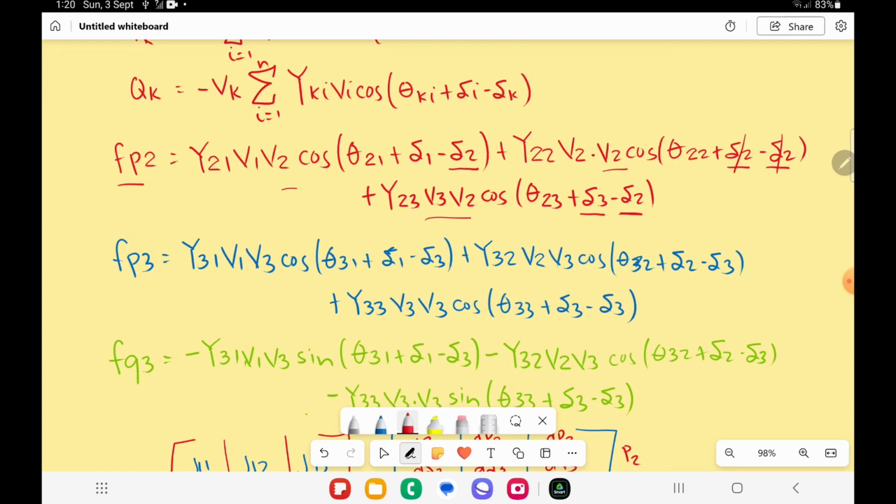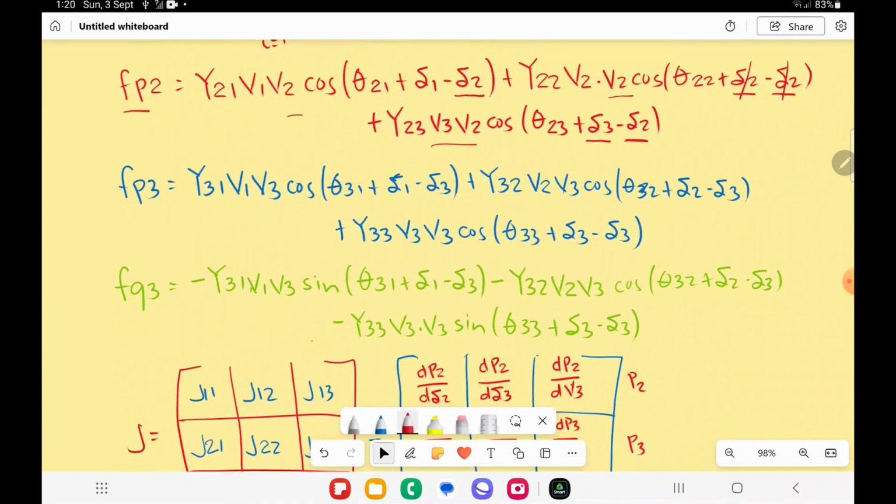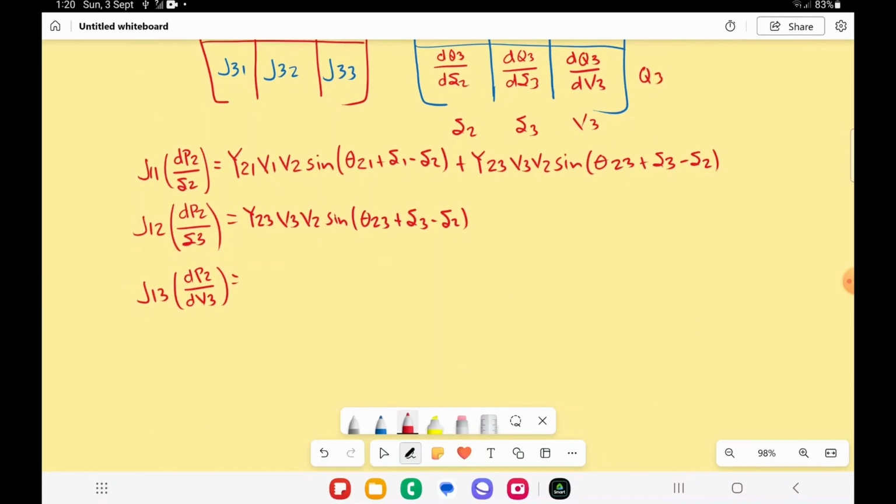So we have Y23 B2 cosine. So J13 is equal to Y23 B2 cosine theta 23 plus delta 3 minus delta 2.